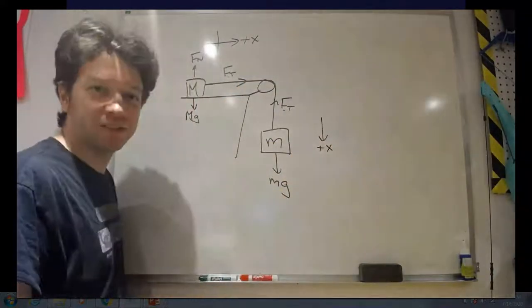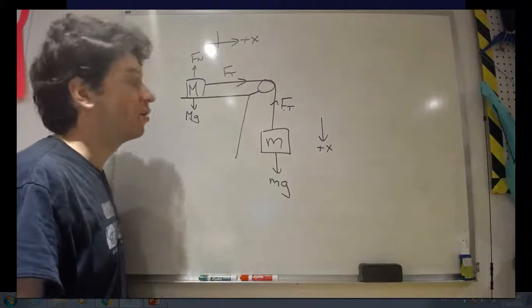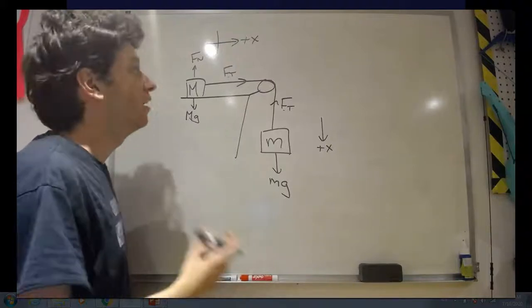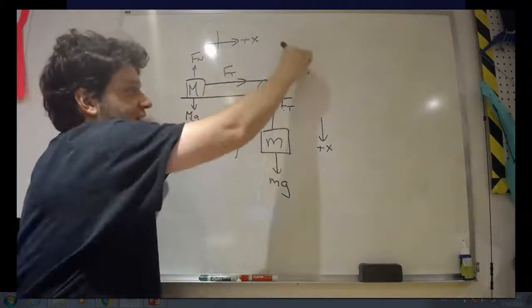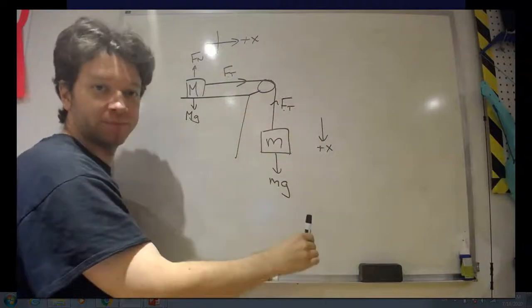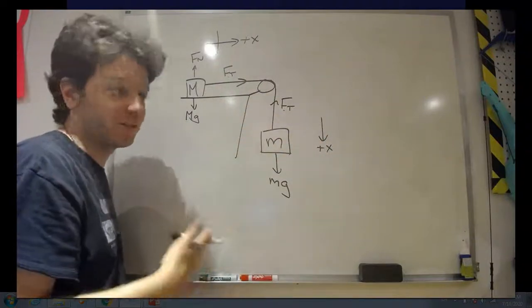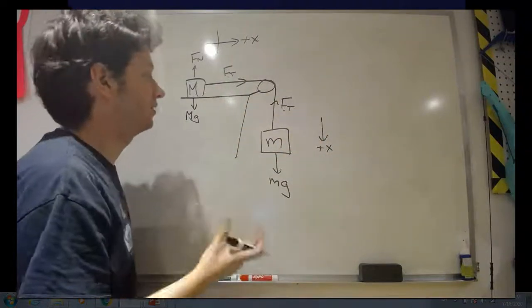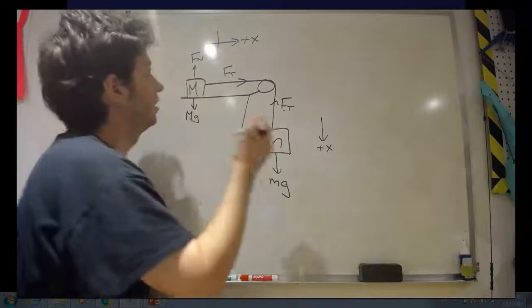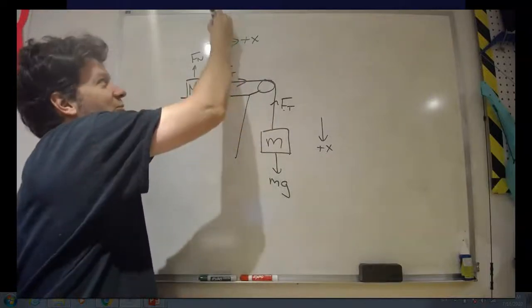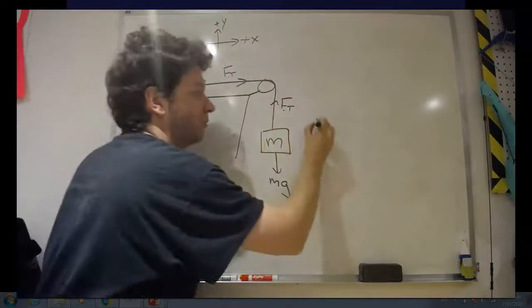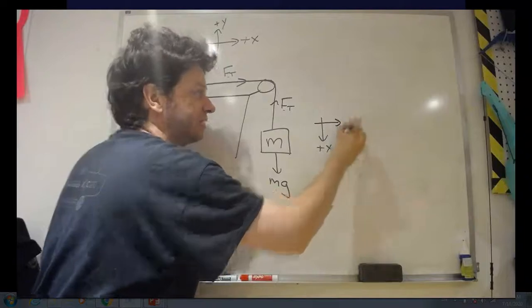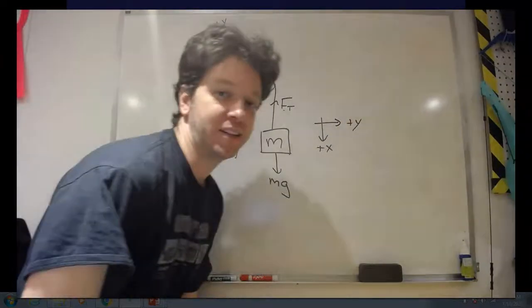Why did the acceleration change direction? Because of the pulley, right? The pulley is actually rotating our coordinate system. Okay, it's changing the direction of the force, right? And so on. We can have a positive y. We're not really going to need our y component in this question, but I can just throw it in there just so you can see.